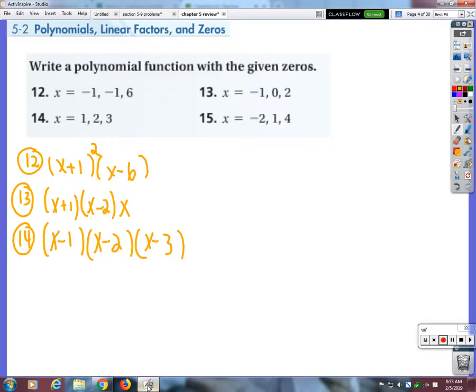Gabby? How about number 15? That's easy money, right? Everybody's going to get those points on the test.